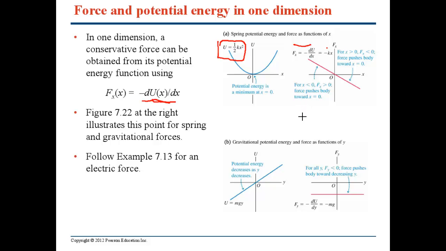That is the force from a spring. Similarly, if we look at the gravitational potential energy, and we take the negative derivative of that with respect to, in this case, y, not x, we end up with negative mg. That is the force that is due to gravity.